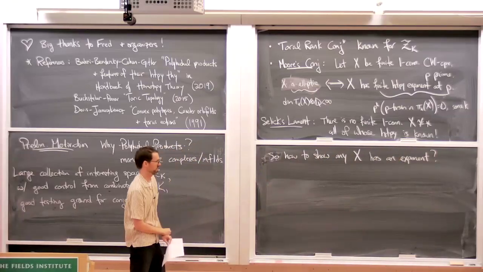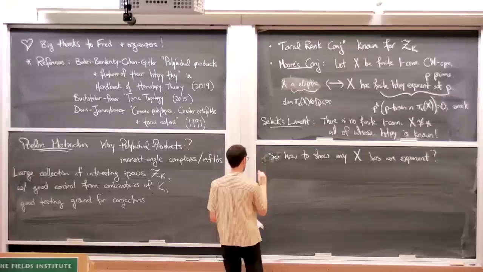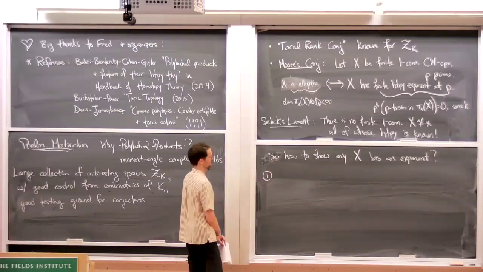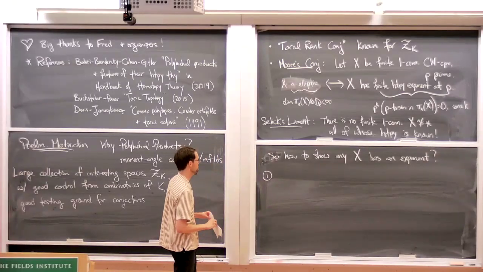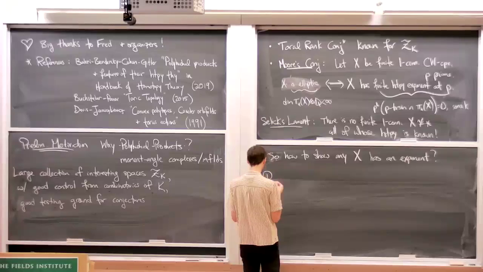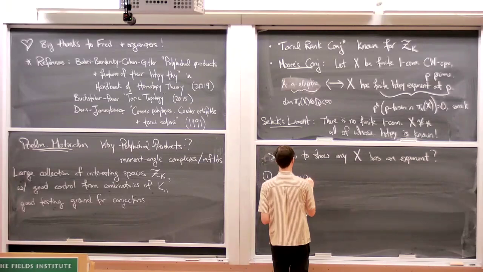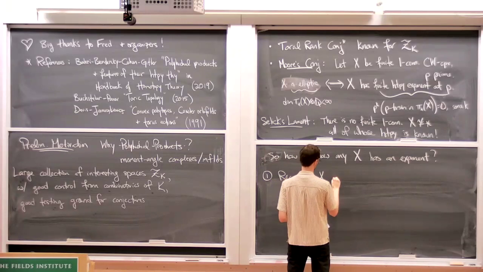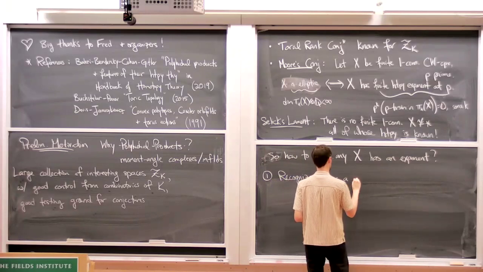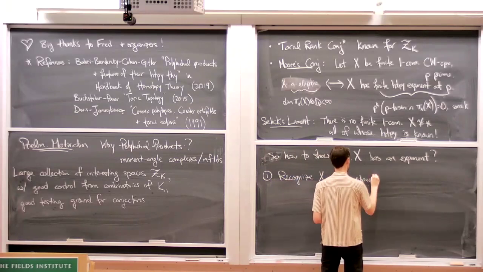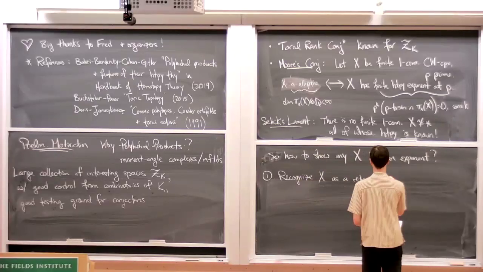Fred and his co-authors give us one very powerful way, but let me start with the theorem of Paul's and then later Fred's. So method one is maybe to try to recognize your space as a retract of something which a priori has an exponent.